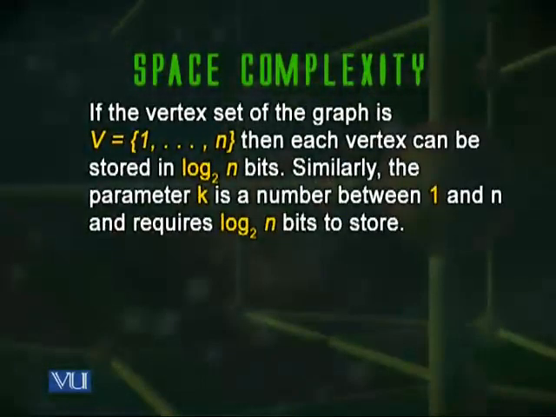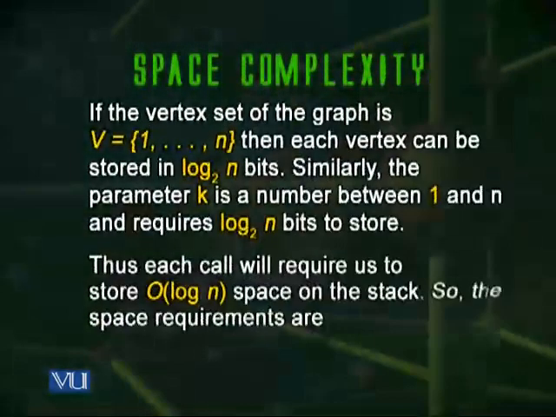So to store each vertex, all you will have to do is store its name, which you can store in log n bits. And so storing the name of a vertex requires log n bits. Similarly, the parameter k is a number between 1 and n. That's because we initially call this function with k equals n, and then subsequently k is decremented, so it can never go above n.